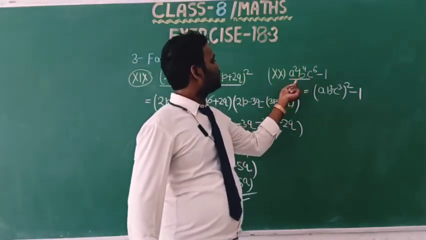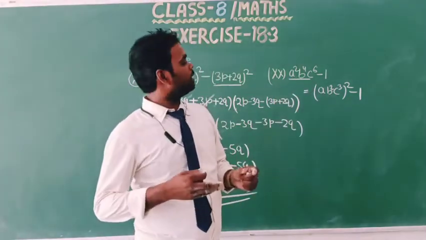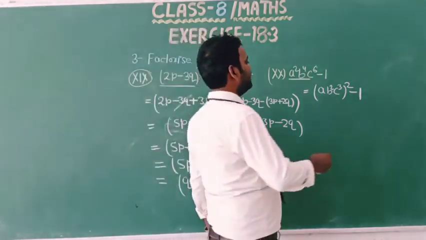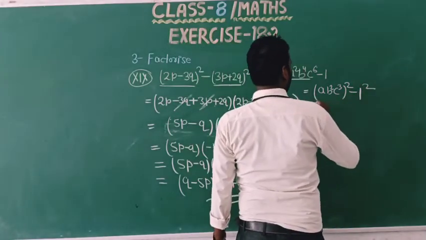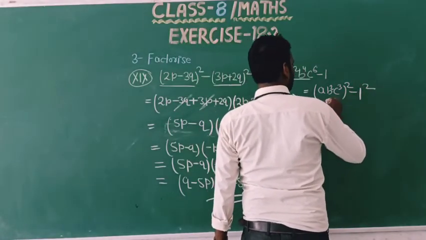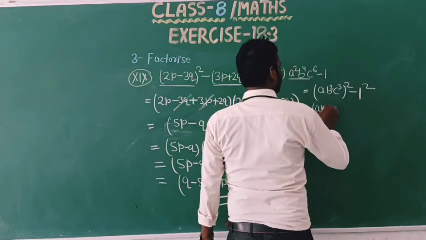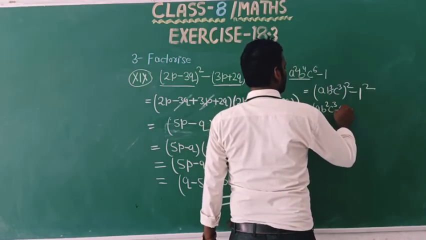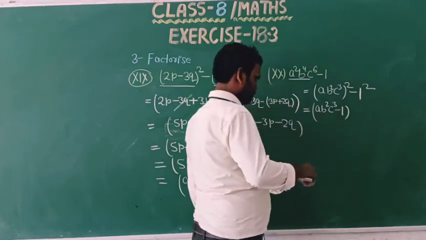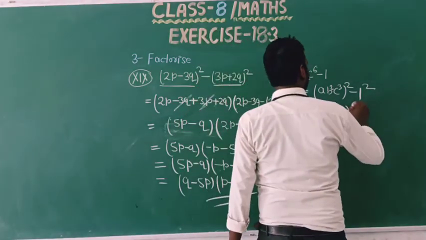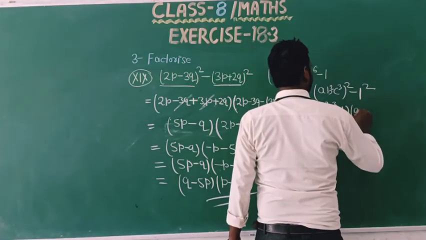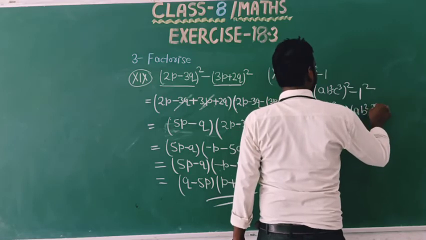So a square b to the power 4 c to the power 6 minus 1 square is written in this form. Okay, so this is in one bracket a b square c to the power 3 minus 1, and second bracket a b square c to the power 3 plus 1.